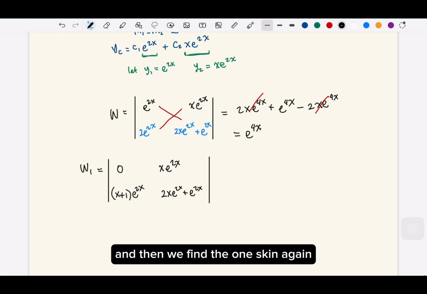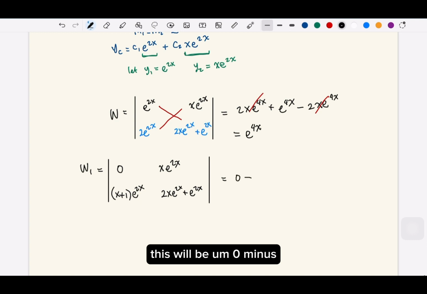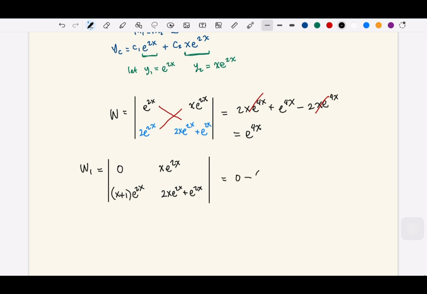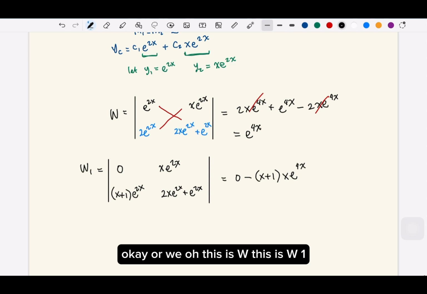And then we find the Wronskian. Again, we find the determinant. This will be 0 minus x plus 1 x e to 4x. Okay. Or this is w, this is w1, so this will be negative.